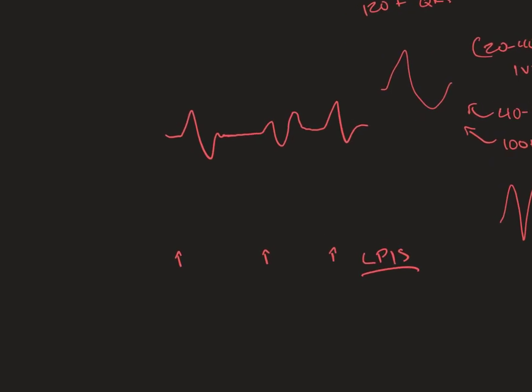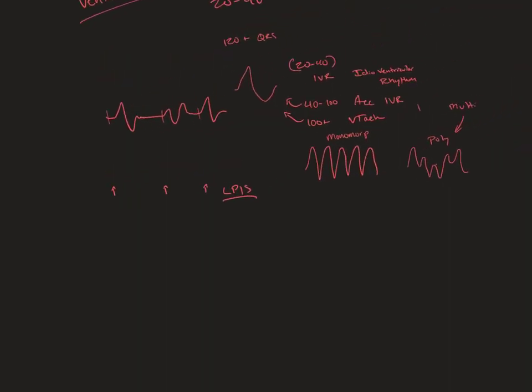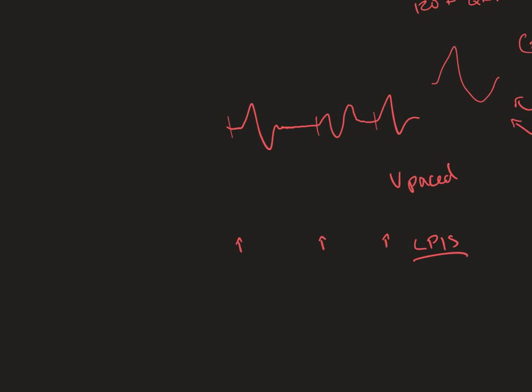If you have a normal telemonitor, you'll typically see these pacer spikes. Instead of these, you'd call that ventricular paced. And if you see those pacer spikes and no QRS, what? Failure to capture.